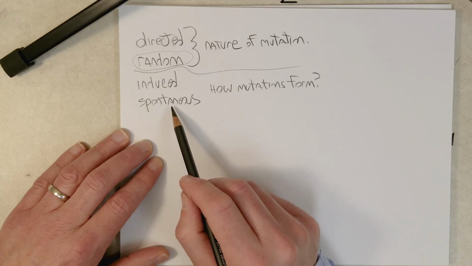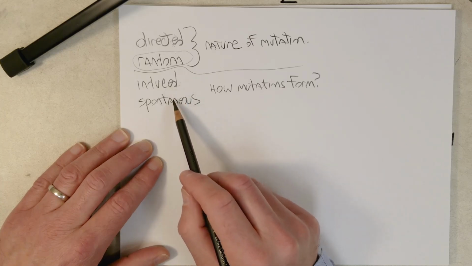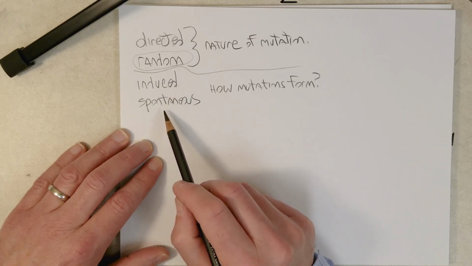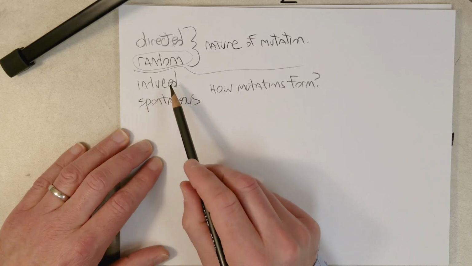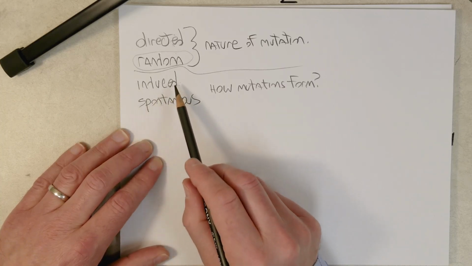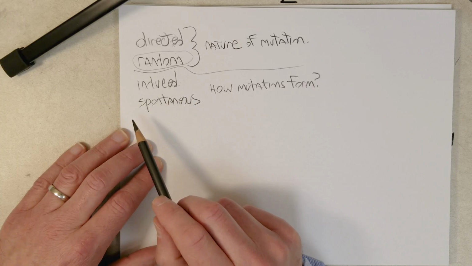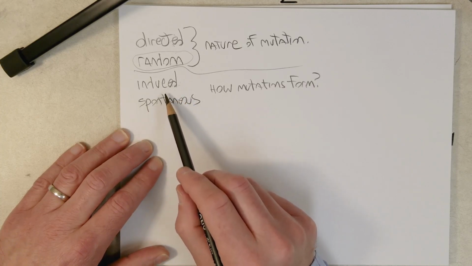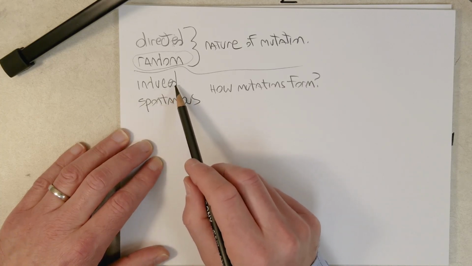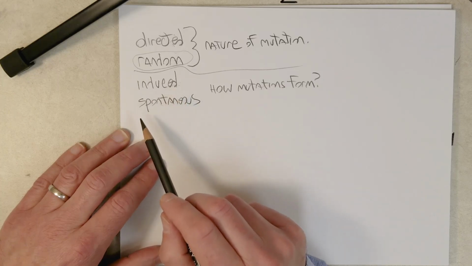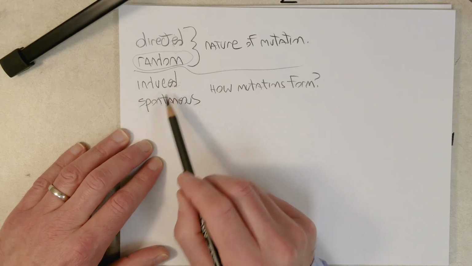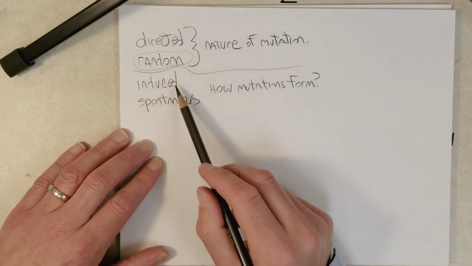So any mutation that is not an induced mutation is a spontaneous mutation. Induced mutations are caused by some agent external to the cell, a chemical in the environment, or a physical source such as radiation, ionizing radiation, or even UV light.